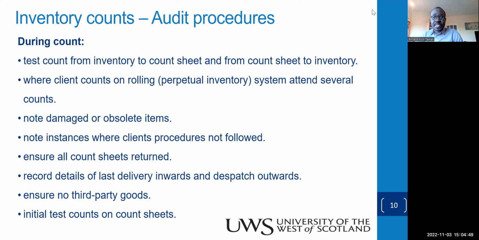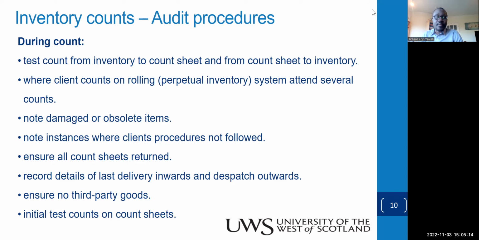Ensure that all the count sheets have been returned. Keep a copy on file. Anyone who goes on the client's inventory count should return the count sheets so that you keep them on file and use them for your valuation. If there's been dispatch outwards, check the records of the last delivery of goods which the client received, and then what was dispatched.